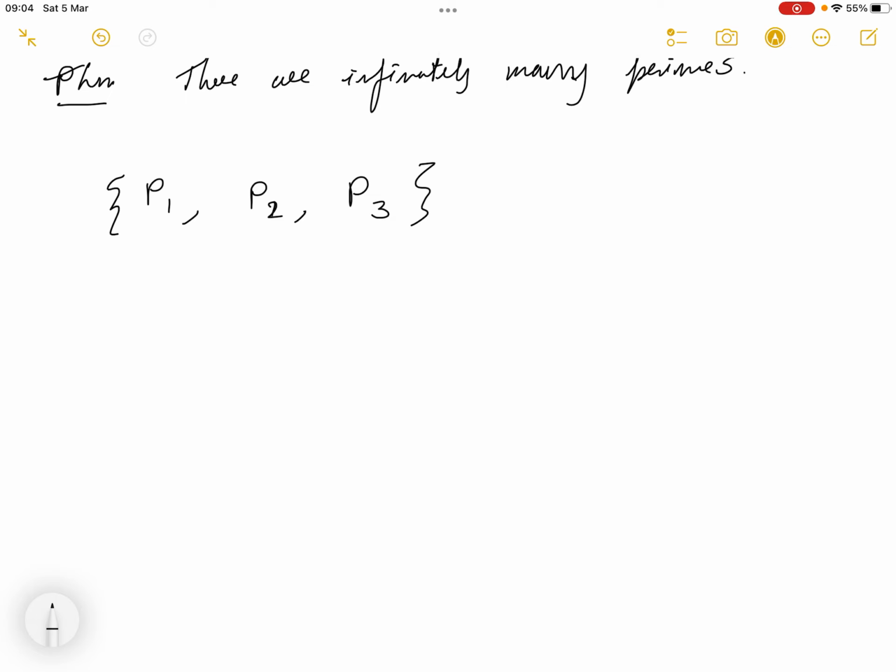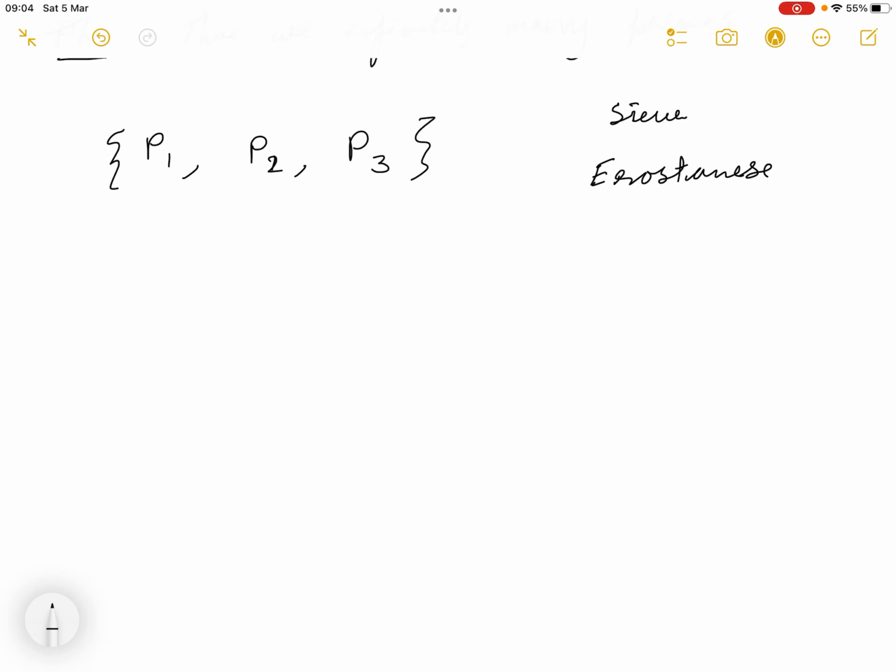there is a method known as the Sieve Method. So it's the sieve of Eratosthenes, and I can't spell this name, so Eratosthenes or something. And it says if you have all the primes, so p1, p2, p3, and so on, all the primes less than some number n, right?